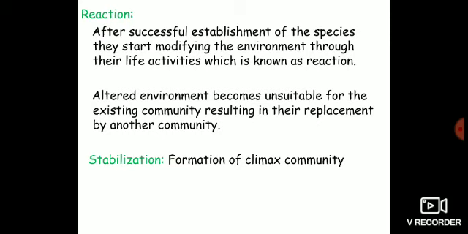The community which has altered the environment has made it unstable for its own existence, and has created favorable conditions for the other plant communities which are going to come. So reaction is the process which creates conditions for the next coming communities.